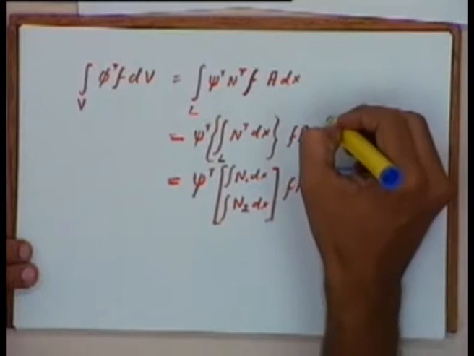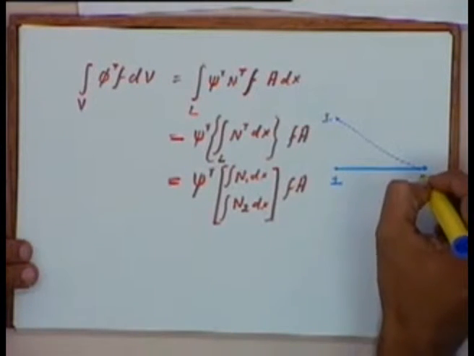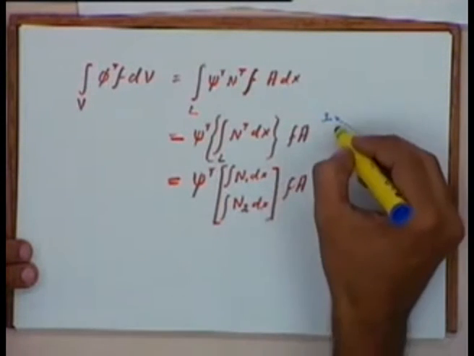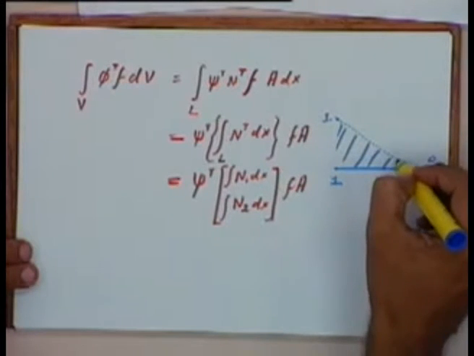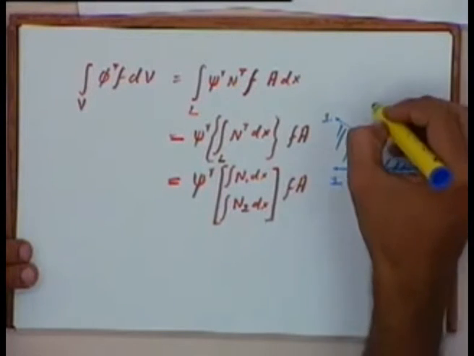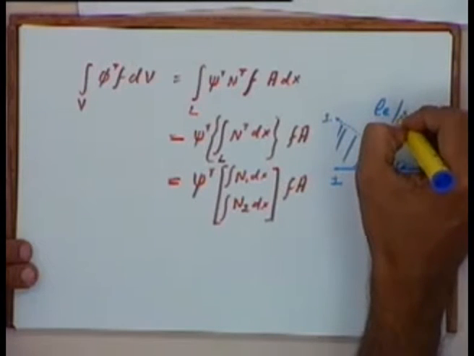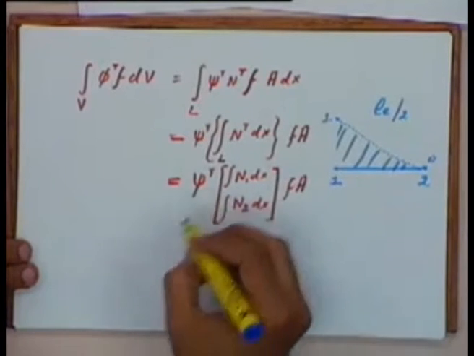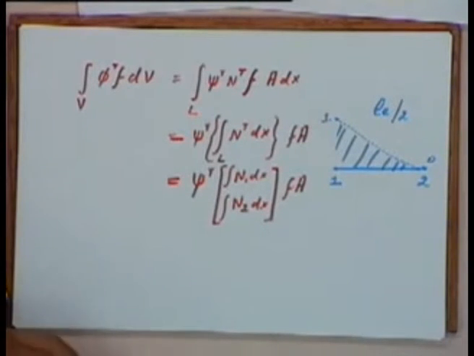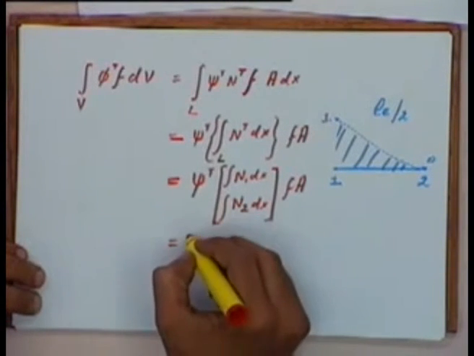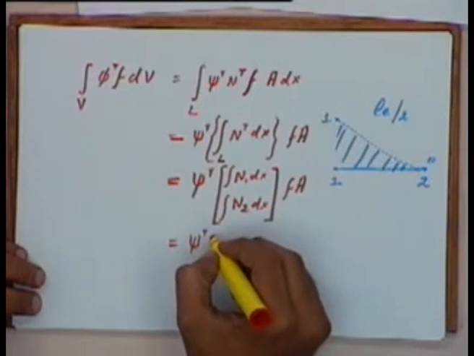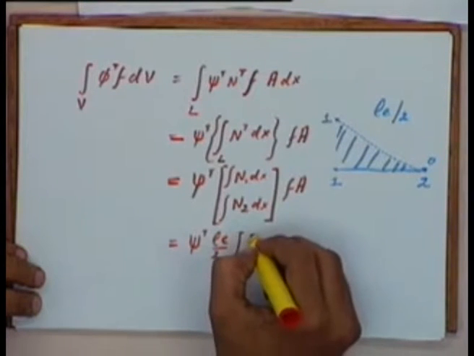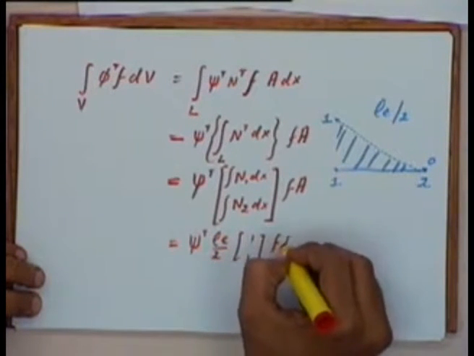At point 1 it is equal to 1, at point 2 it is equal to 0, and the integral of n1 dx will be the area under this curve, and this integral is equal to LE by 2, base into height into half. If we put that over here, this will be equal to psi transpose into LE by 2 into 1 1 into FA.